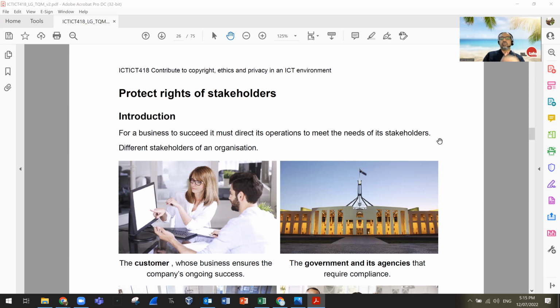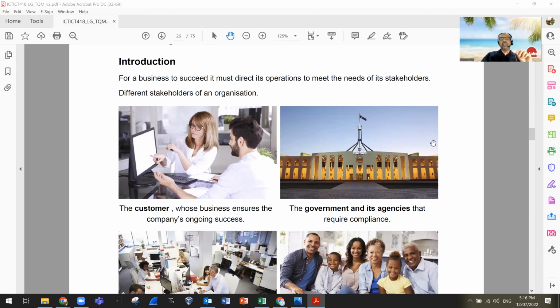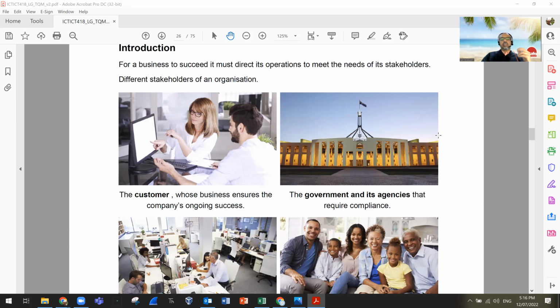We need to discuss with third-party lawyers or other community societies and so on. So here we need to meet the needs and we need to protect the rights of stakeholders.